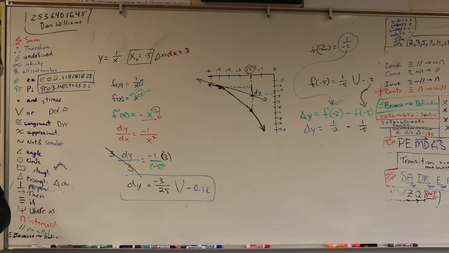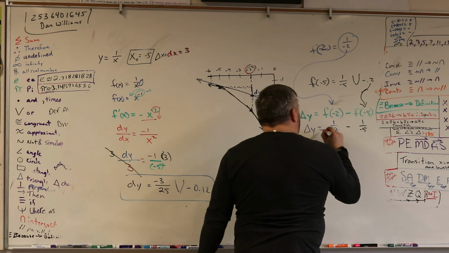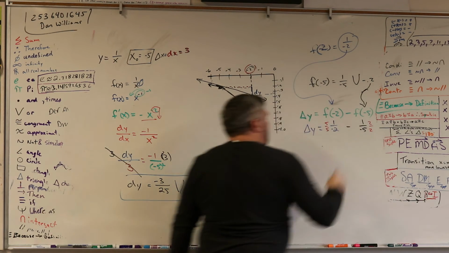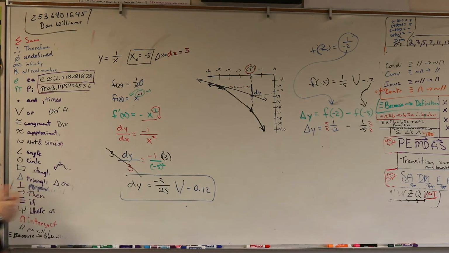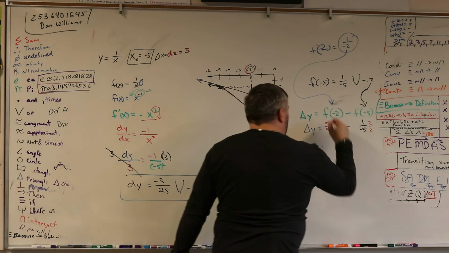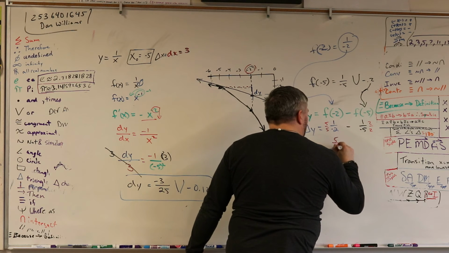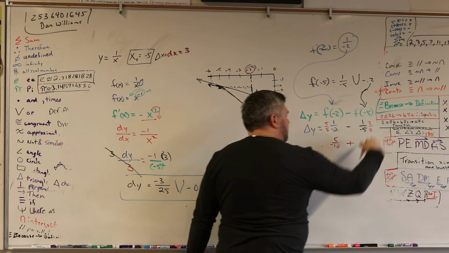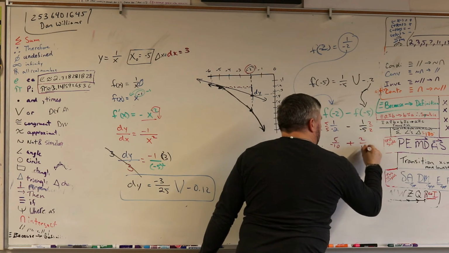And then we have to make sure that those fractions have the same denominator, right? So we're going to multiply this by 5 over 5, and we'll multiply this by 2 over 2. And so then I get negative 5 over 10. Negative minus makes a plus, and I get 2 over 10.